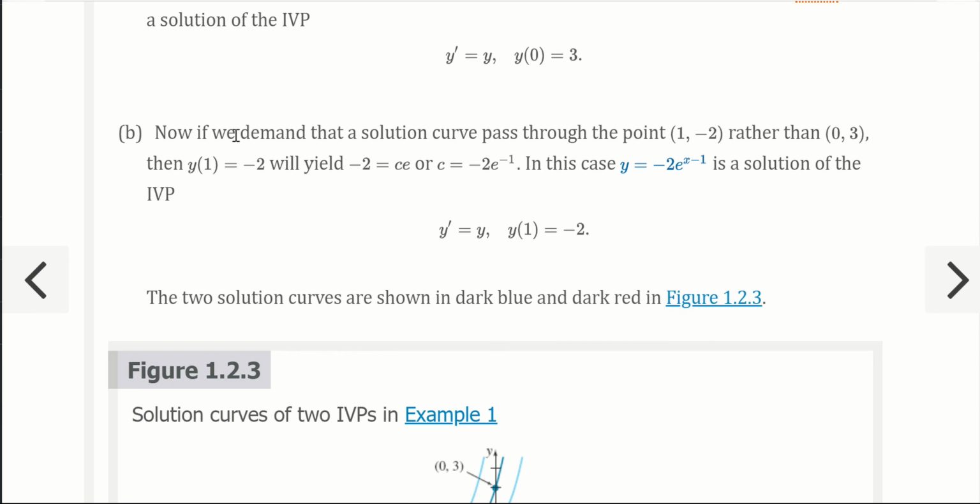We could also instead have had it such that the initial point could have been 1 comma negative 2. Let's see what that would have looked like.